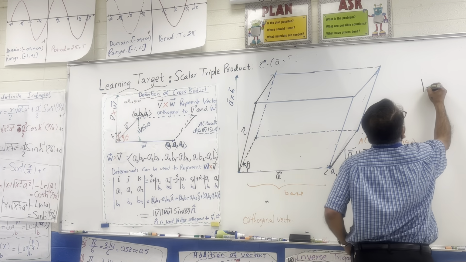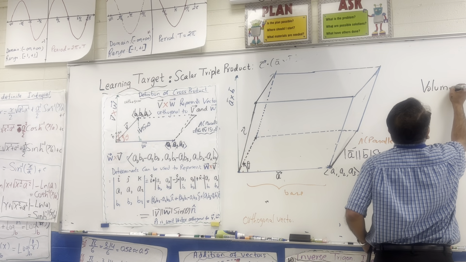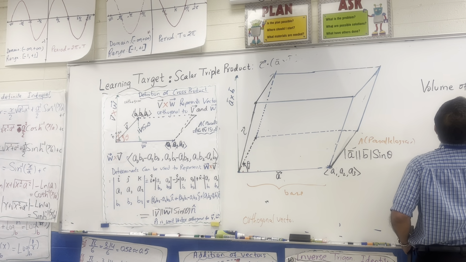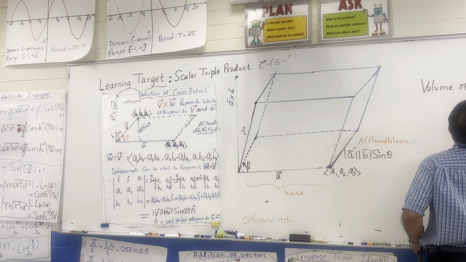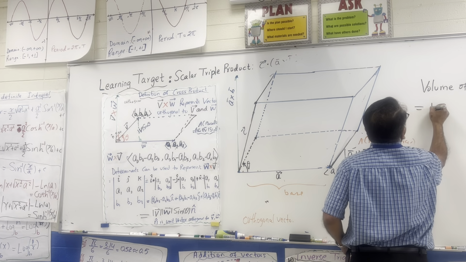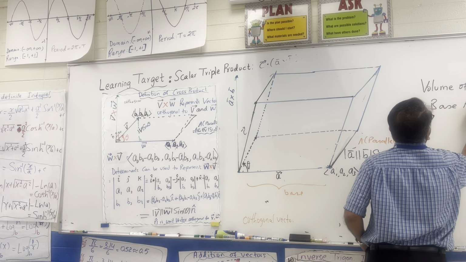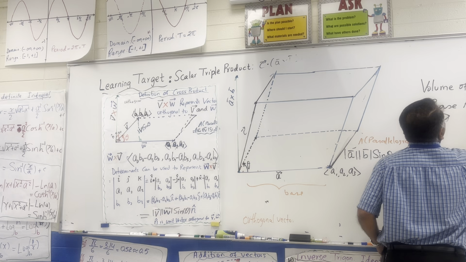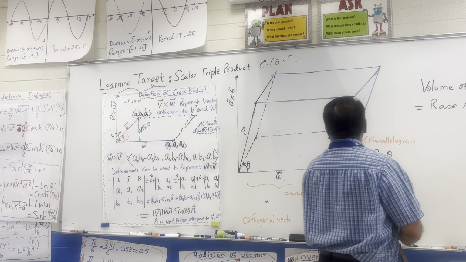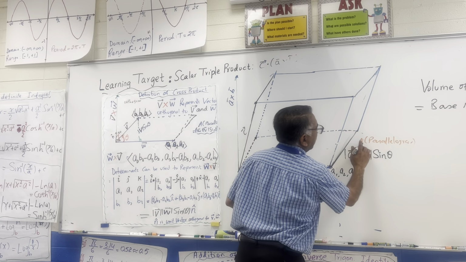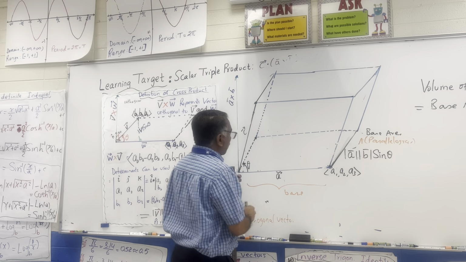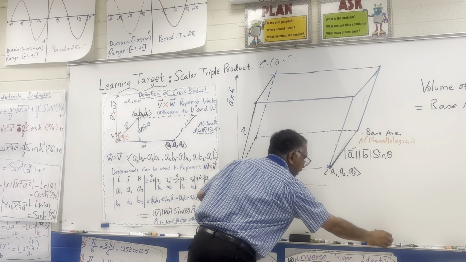Let's write here, volume of the parallelepiped is the base area times the height. And you can see this is the base area, and the height is what we need to know. So that's the goal here.